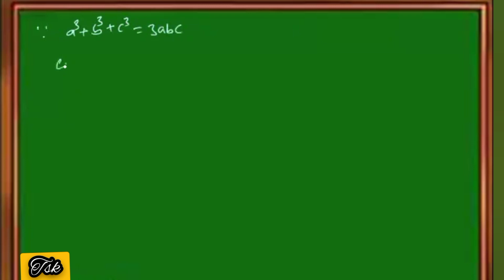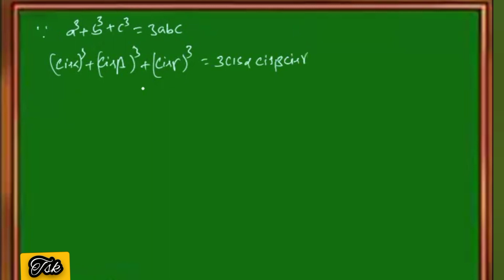A cube is nothing but cis alpha whole cube, B cube is nothing but cis beta whole cube, C cube is cis gamma whole cube, is equal to 3 into cis alpha, cis beta, and cis gamma. Cis alpha whole cube is cis 3 alpha.